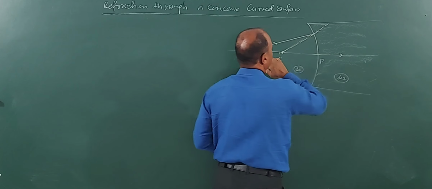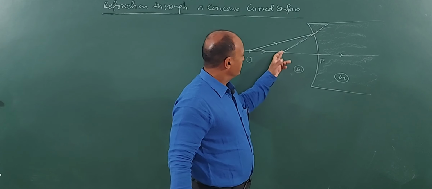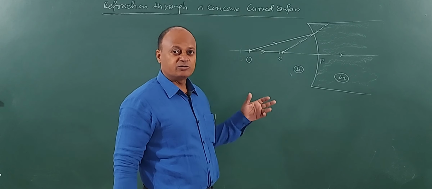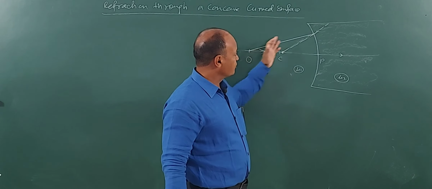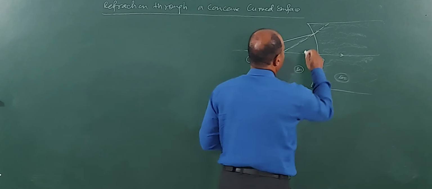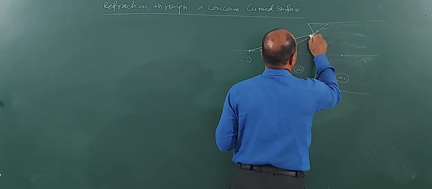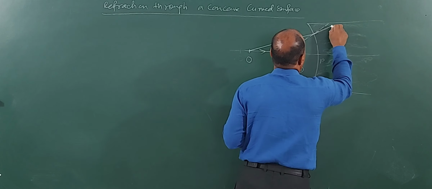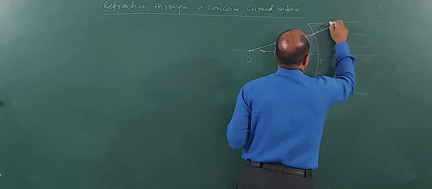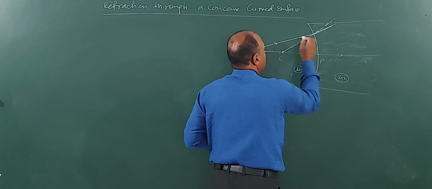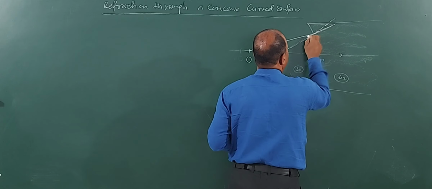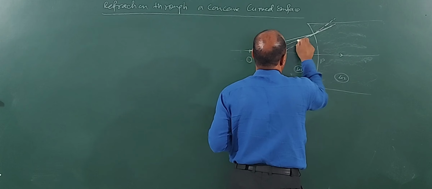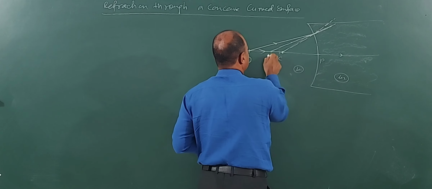So this ray, incident obliquely on the concave curved surface, is going from rarer to denser, so it bends towards the normal, somewhat like this. If I extend backwards, you can see this is the image that I am getting.